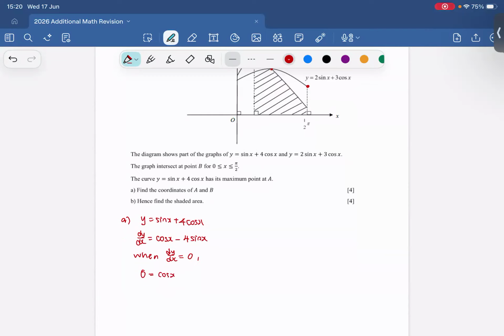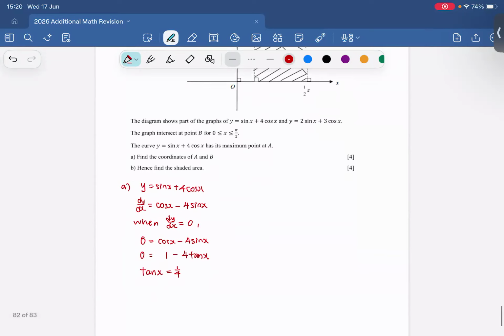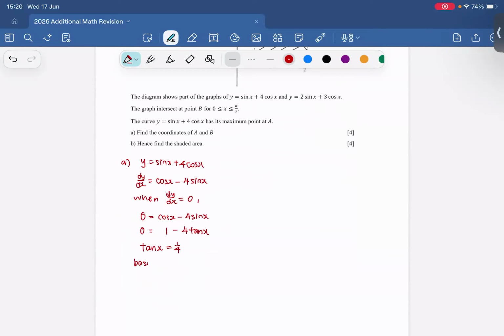This is your trigo equation. You need to know how to solve. So the only way to solve this is to divide by cosine. Why? Because when sine divided by cosine, you get tangent. So you can see that tangent x equals 1/4. Basic angle equals tangent inverse 1/4.